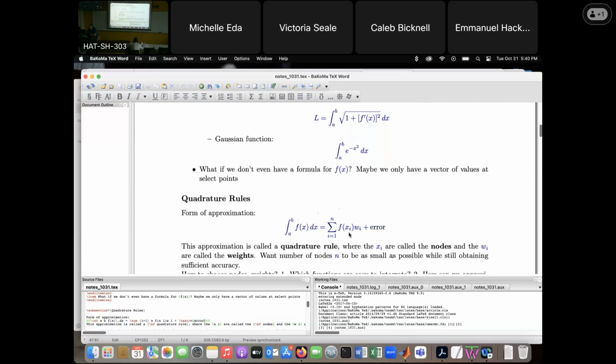Now, even if you haven't seen quadrature rules before, in a way you actually have, just they might not have been referred to by that name. So this summation right here, the sum of f values multiplied by these weights. Can anyone tell me what they've seen from calculus 2 that this might remind you of?